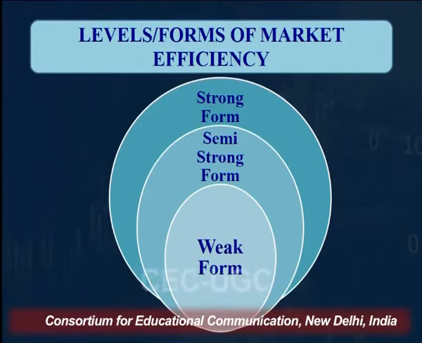How quickly and how efficiently the information is reflected in the share price is a sign of a strong form of efficiency. If the share price takes into account the information flowing on a very quick basis, we say it's a strong form. If new information comes but it takes some time to analyze that information, it is not a sign of strong form of market efficiency, it is a semi-strong form.